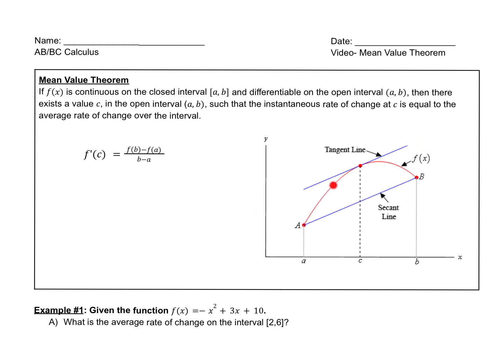So here's your curve, the red piece from A to B, and I'm telling you with the mean value theorem that there is a point in the interval from A to B, which we'll call C, such that the instantaneous rate of change, and remember, instantaneous rate of change means derivative or slope of the tangent line, is equal to the average rate of change. And remember, average rate of change is simply the slope between 2 points.